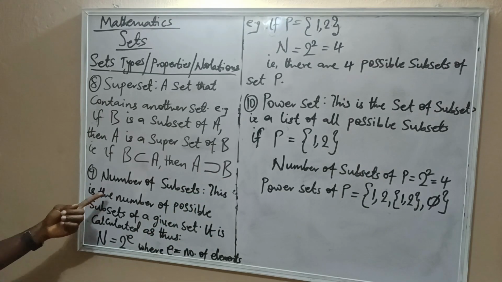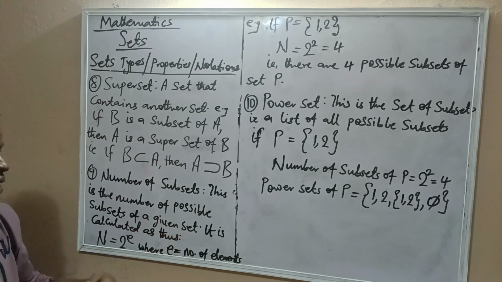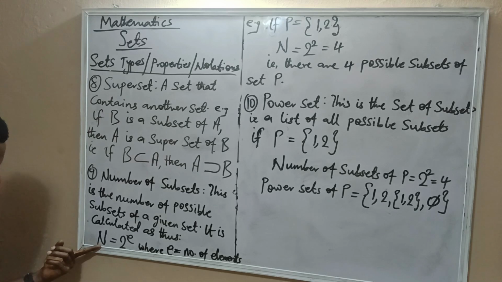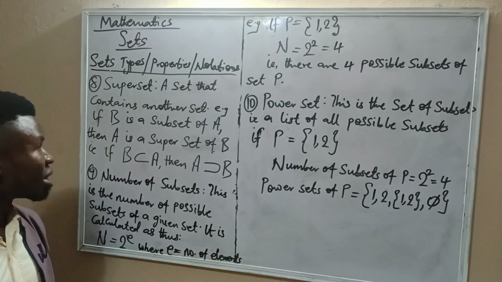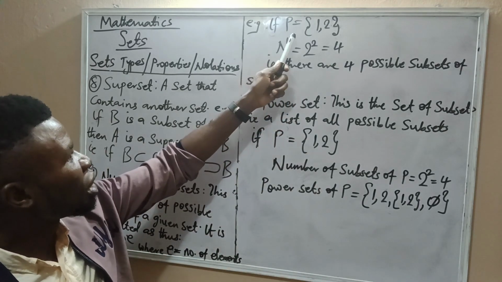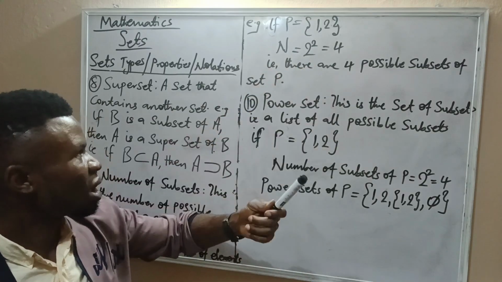That means A contains B. Number 9 says number of subsets. This is the number of possible subsets of a given set. It is calculated as thus: number of subsets equals 2 to the power of E, where E stands for the number of elements in a given set. For instance, we are given that P equals 1 and 2 as the elements.